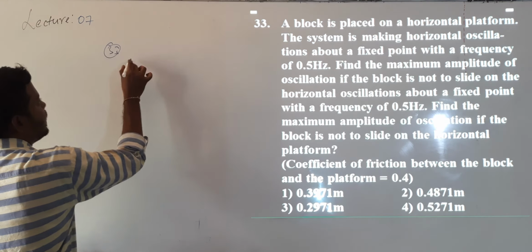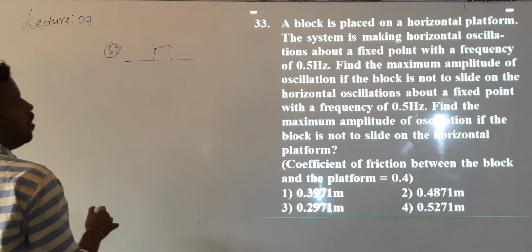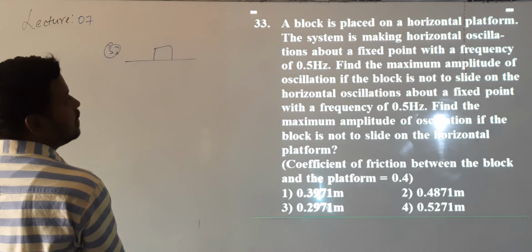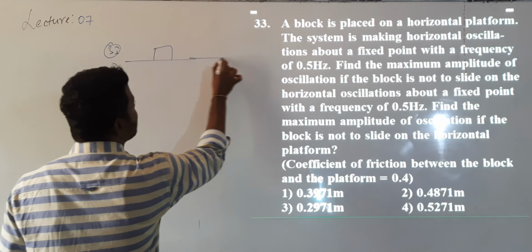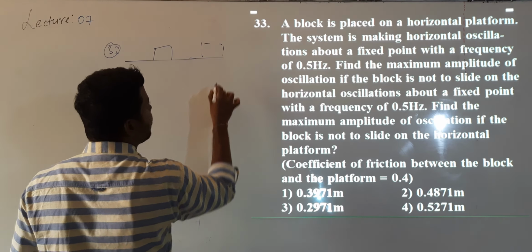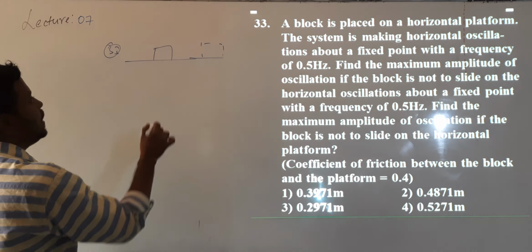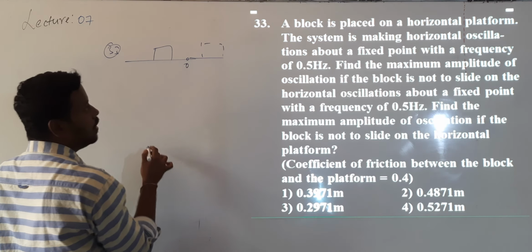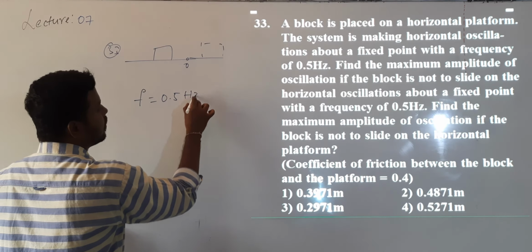In 33 they kept one block. So that block is placed on a horizontal platform. The system is making horizontal oscillation. The block is moving to and fro, horizontal oscillations about a fixed point. One fixed point is there, let me call it O, with a frequency given as 0.5 Hz.